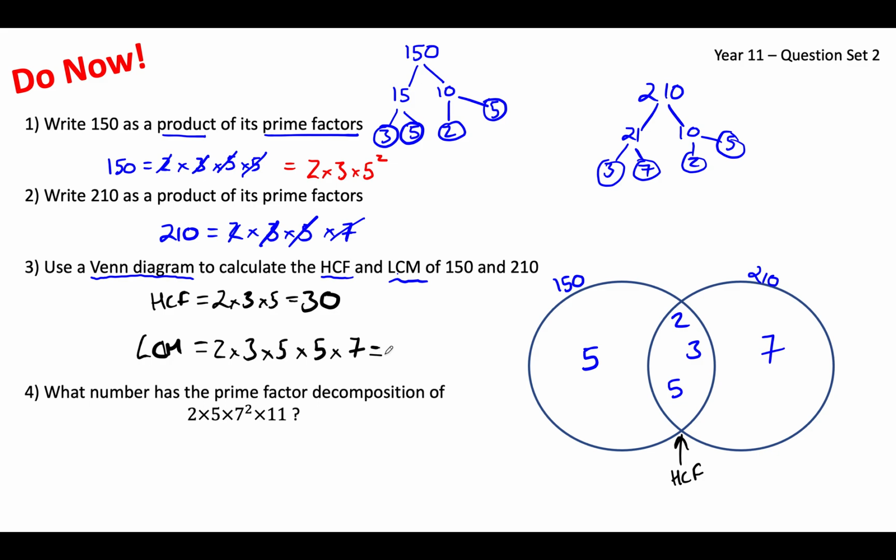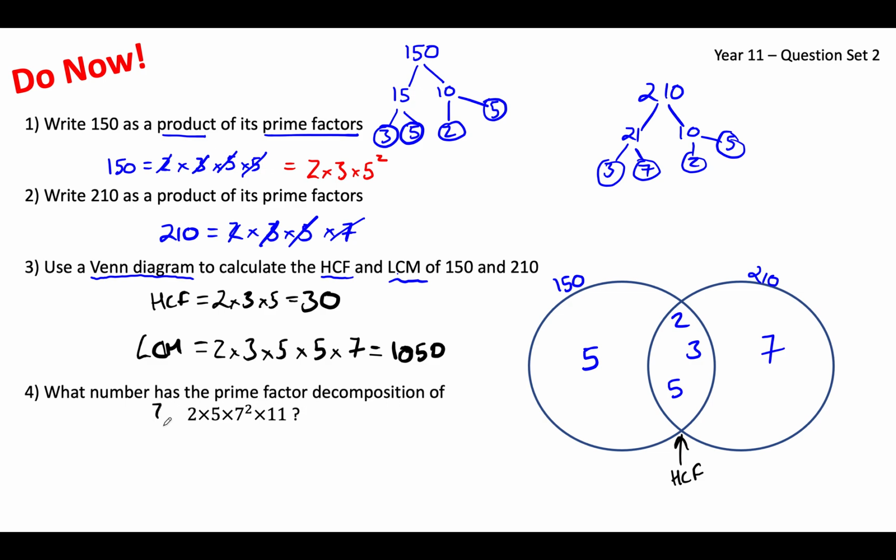Now, I must admit, at that point, I'm going to turn to my calculator so it makes it quicker. 2 times 3 times 5 times 5 times 7 is 1,050. So that is the lowest common multiple of them. If you wrote out the times tables of 150 and the times table of 210, the first number that they share that's in both is 1,050.